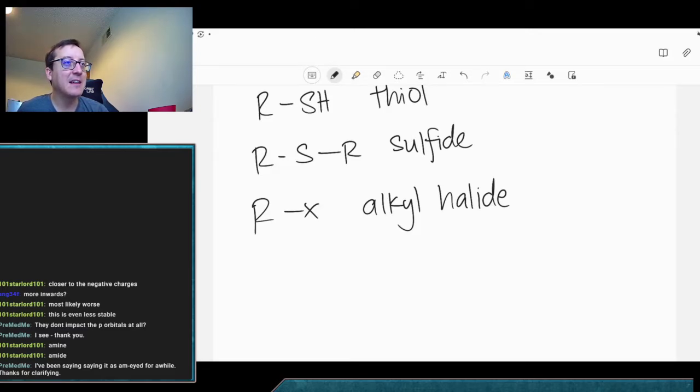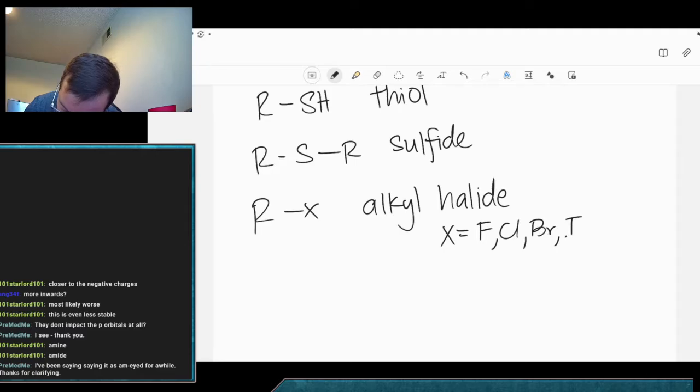Those are alkyl halides. So it's something carbon with a halogen. So X equals one of our halogens here. All right, so those are alkyl halides. I guess that needs to be a carbon, so I'm going to put that carbon there. So now we have a carbon. And those we'll also talk about this semester.